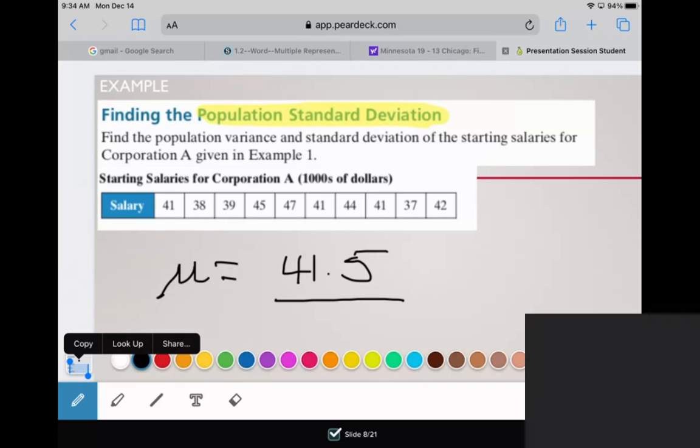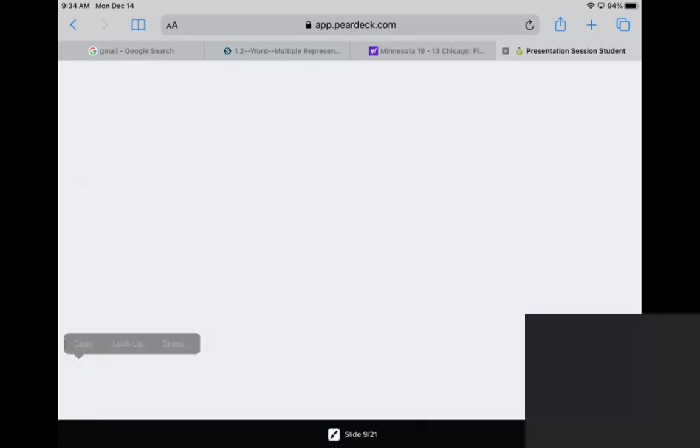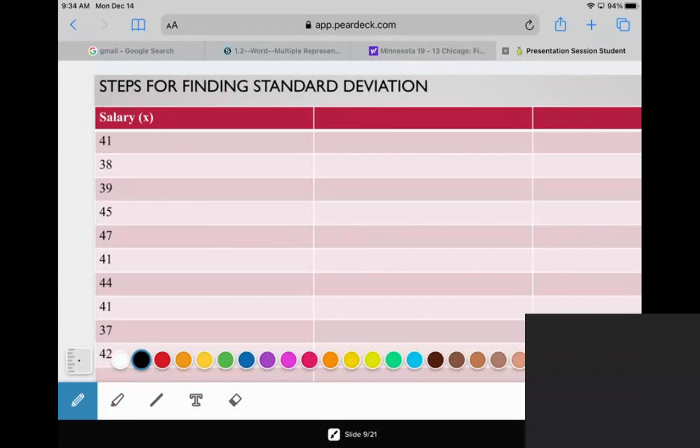Now I'm going to provide you this table, okay? Because we're gonna follow the 6 steps that I provided to you earlier. We're gonna find the standard deviation. So remember, these are the salaries. In this column, if you can, please copy down this table so you can take notes with me.